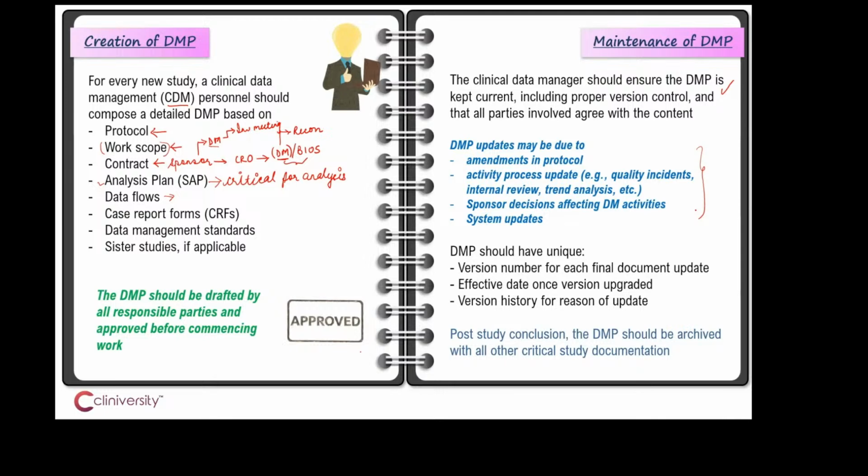The process was fine-tuned, so it is now more foolproof and ensures better quality. The sponsor may have made certain decisions of including or excluding some forms, which could be the result of the DSMB reviews. And then finally, you can also have certain system updates.